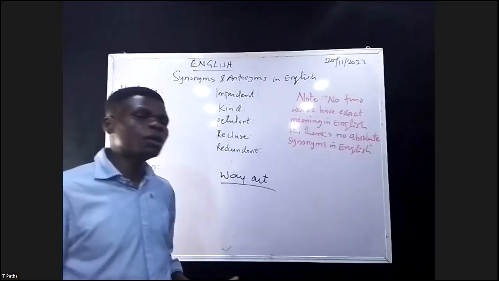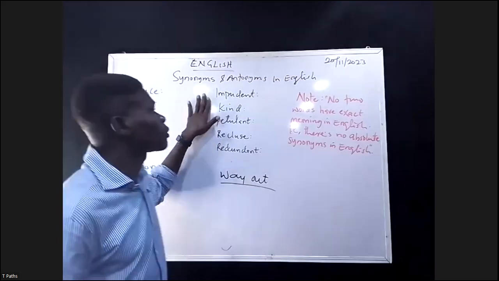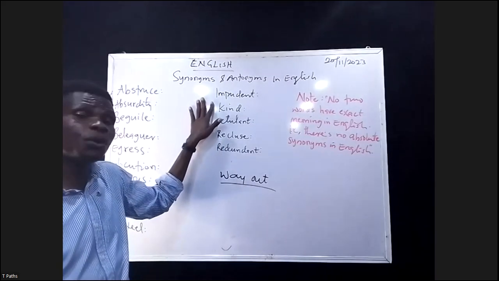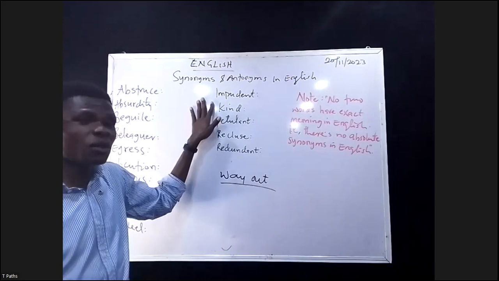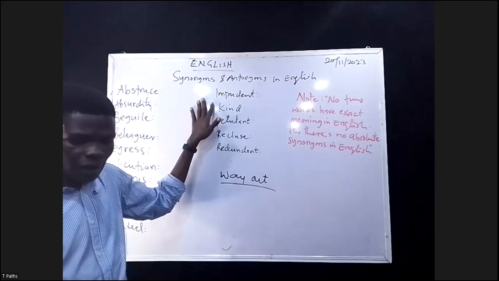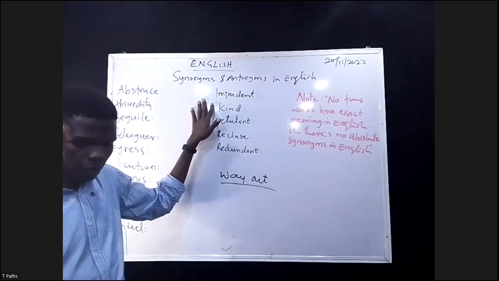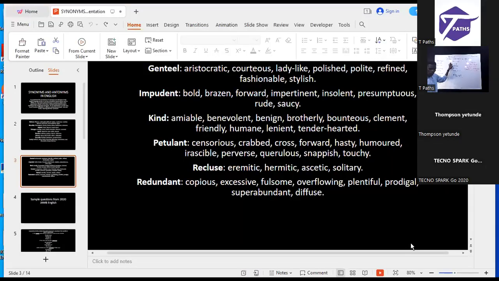Look at the word impudent. What other word can you use in the place of the word impudent? If I don't want to say impudent, what can I say instead? Bold, brazen, forward, impertinent, insolent, presumptuous, or we say rude, or we say saucy.